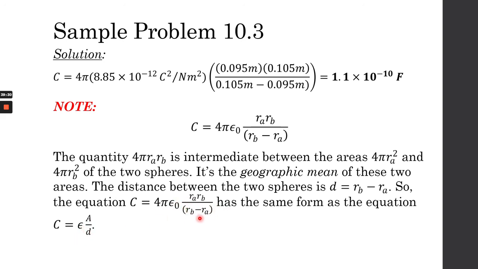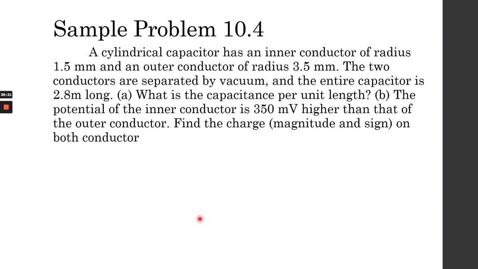And lastly, for cylinders: a cylindrical capacitor has an inner conductor of radius 1.5 millimeters. So this is your inner conductor radius, so this is your RA. And an outer conductor radius of 3.5, this is your RB. The two conductors are separated by a vacuum, so you know that there's nothing in between them.